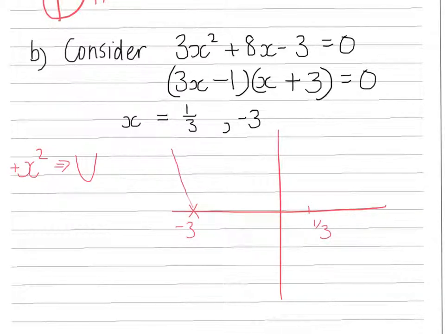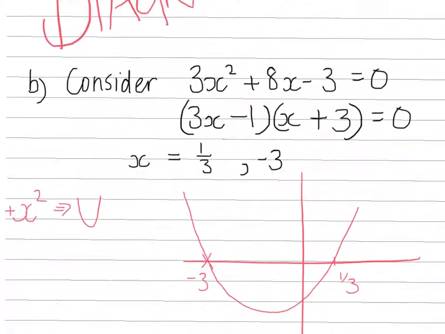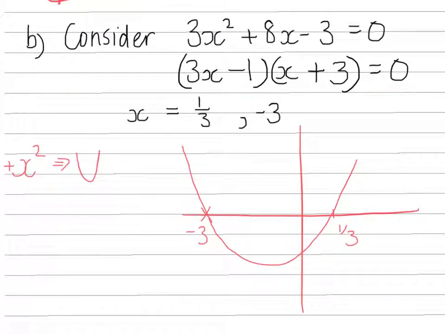It will look something like that, and if we look back to the original question, the part that I want is less than 0. So which part of the diagram is less than 0? Less than 0, or y less than 0, is below the axis. There's the part that I want.